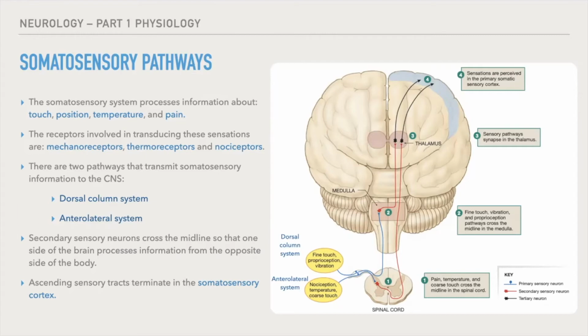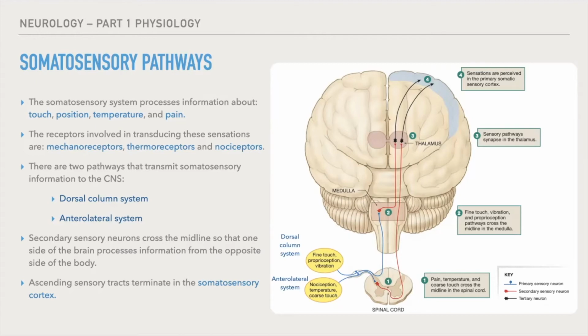The primary afferent neurons have the cell bodies in the dorsal root, and their axons ascend ipsilateral to the nucleus gracilis and the nucleus cuneatus in the medulla. From the medulla, the second-order neurons cross the midline and ascend to the contralateral thalamus, where they synapse with the third-order neurons. The third-order neurons ascend to the somatosensory cortex, where they synapse with the fourth-order neurons.